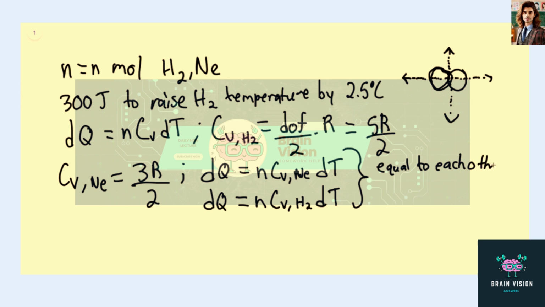The question is asking if the same amount of energy was added to the hydrogen system, and that raised it by 2.5 degrees Celsius, what's the temperature increase when we add 300 joules to the neon system?